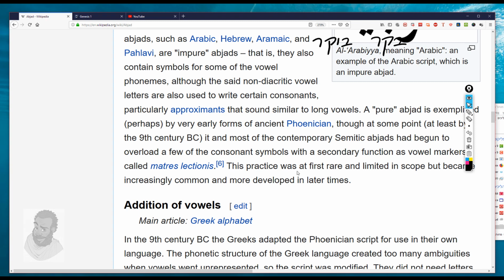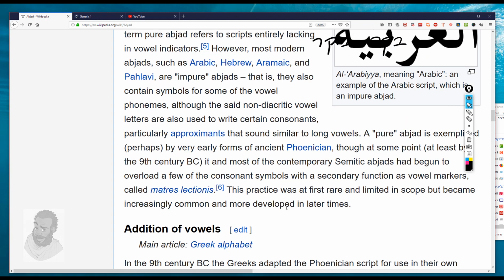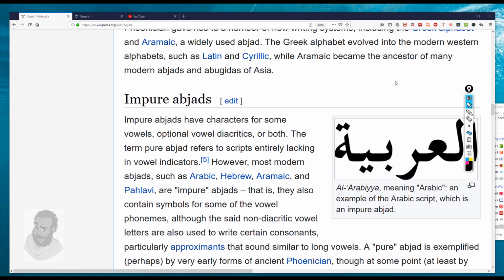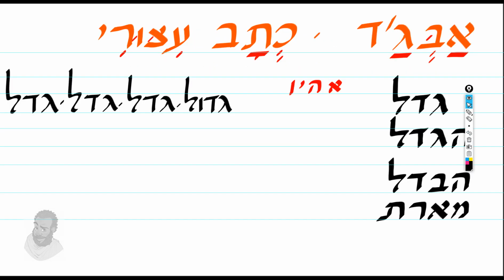This practice was at first rare and limited in scope, but became increasingly common and more developed in later times. Let me take this off and I will give you examples of this. Now, this is how it's spelled with the vowels underneath. Abjad. Now, when you see a gimel and this sign here in modern Hebrew, it makes the sound of j, because we don't have a j in Hebrew, only in Arabic.